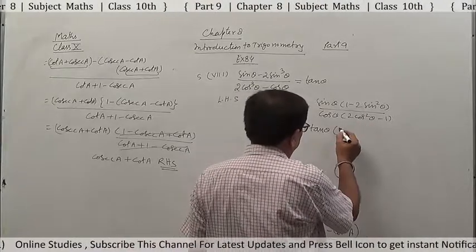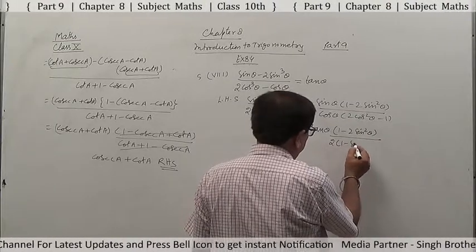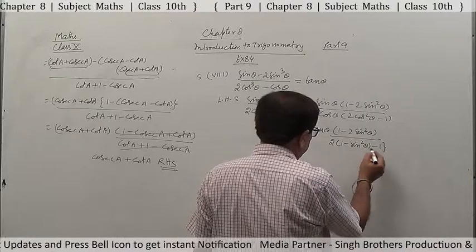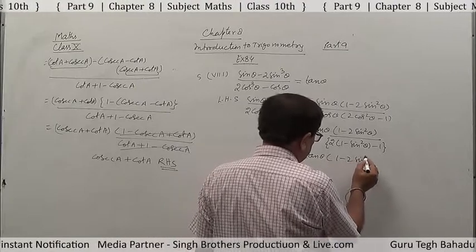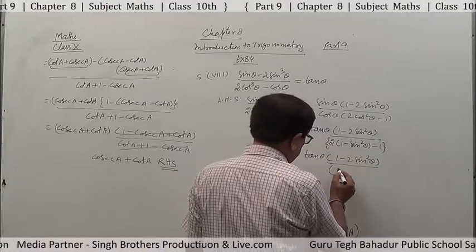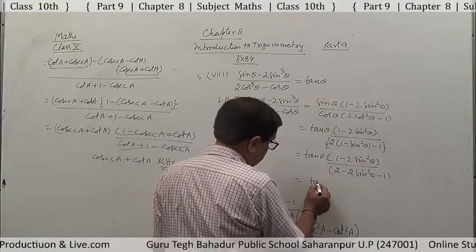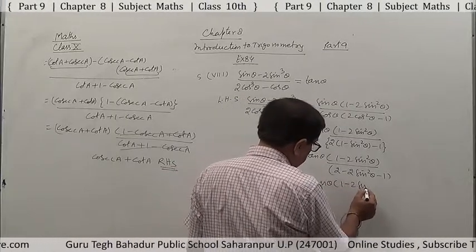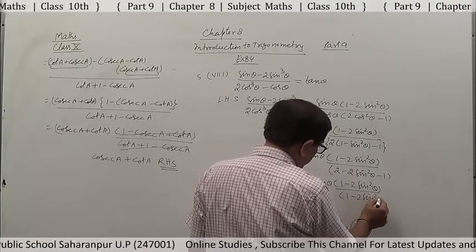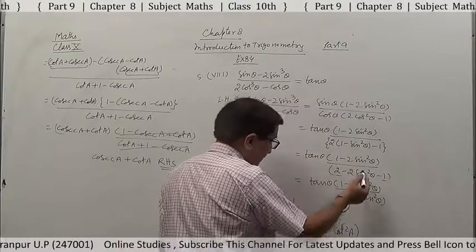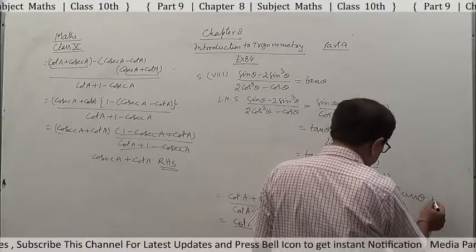So let us take 1 minus 2 sin square theta upon 2 into 1 minus sin square theta minus 1, tan theta, 1 minus 2 sin square theta upon 2 minus 2 sin square theta minus 1. 2 minus 1 is 1, and this is minus 2 sin square theta, it cancels. So it will be tan theta.